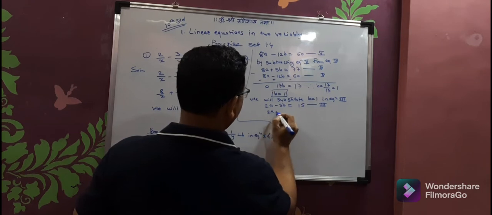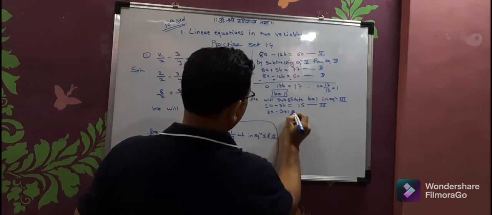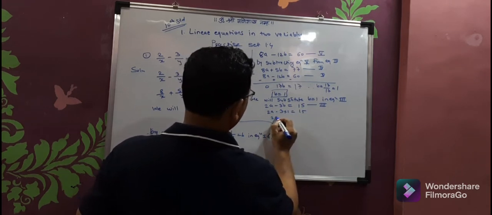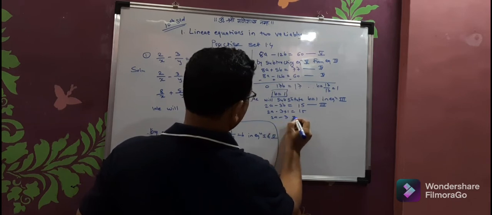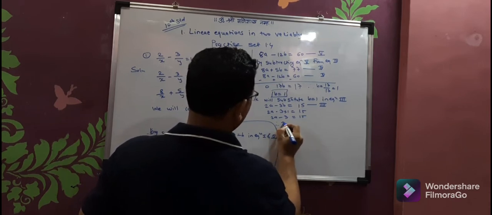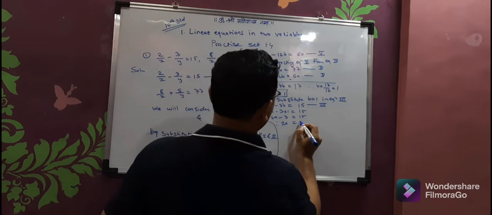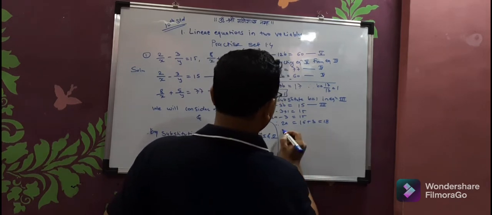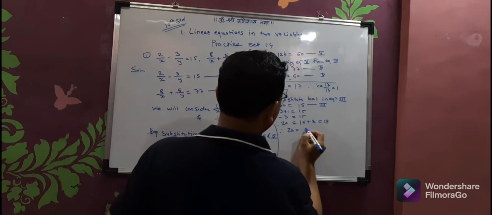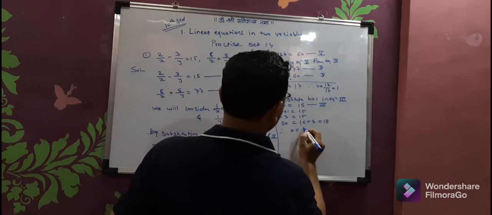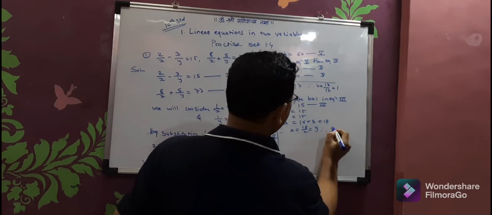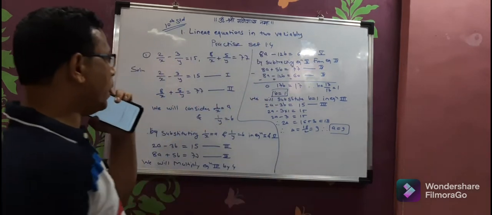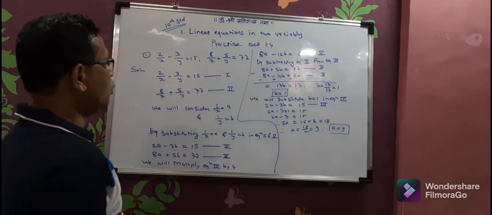So 2a - 3 into 1 is equal to 15. So 2a = 15 + 3 = 18. So a is equal to 18 upon 2, which is equal to 9. So a is equal to 9 and b is equal to 1.